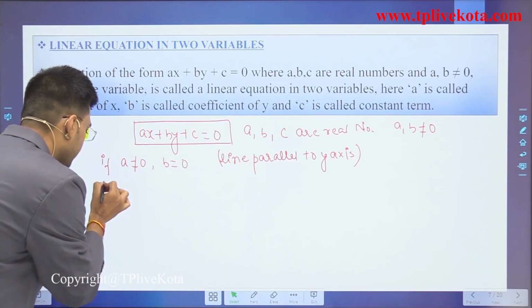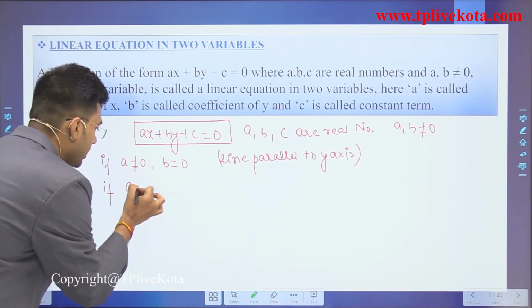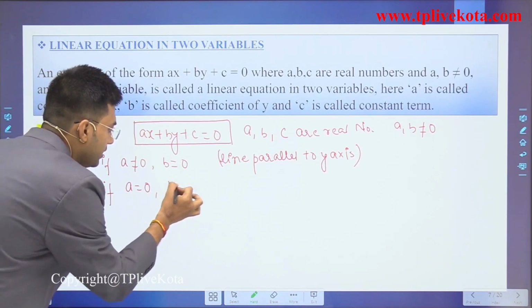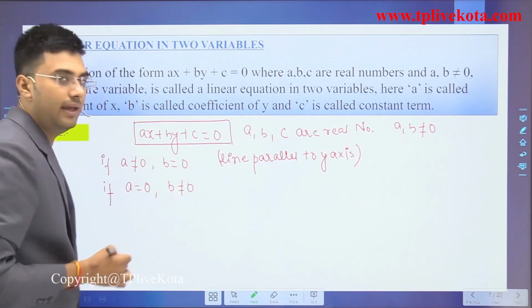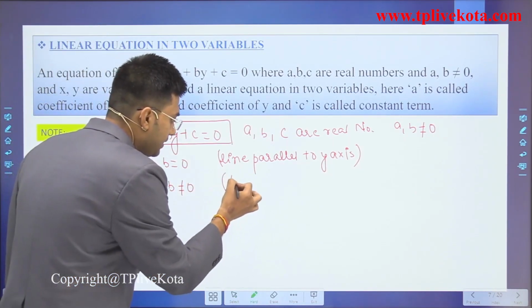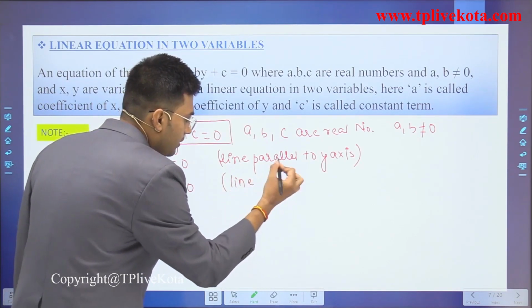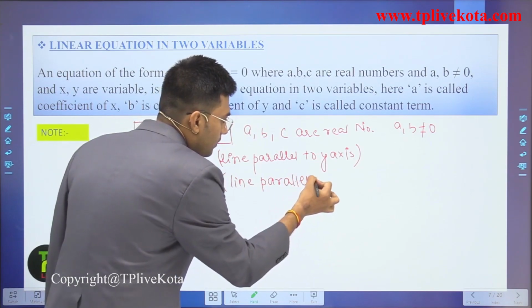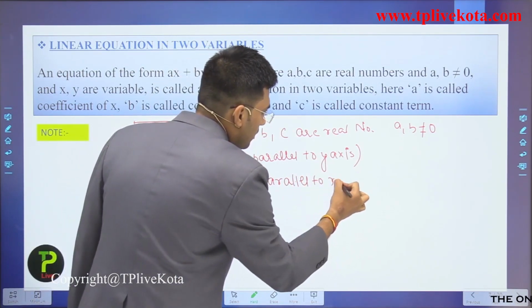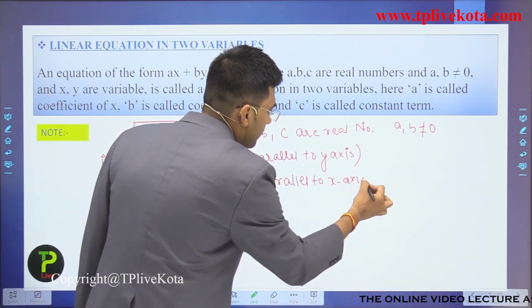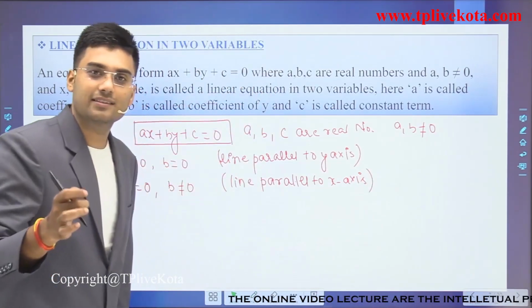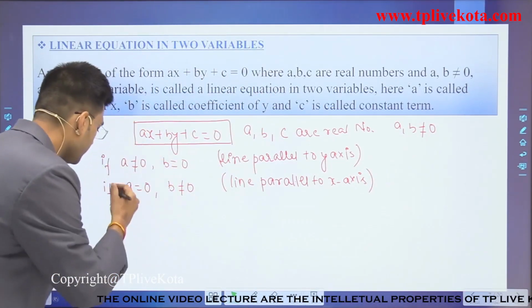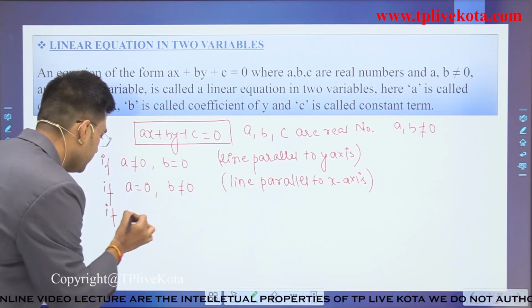And if a is equal to 0, b is not equal to 0, then it represents a line parallel to the x-axis. Clear?